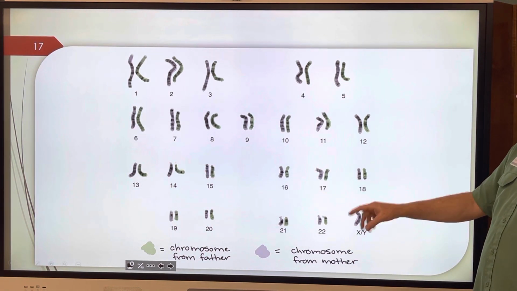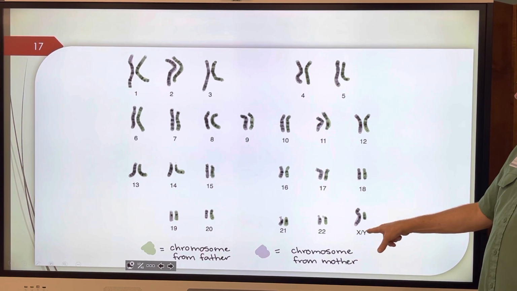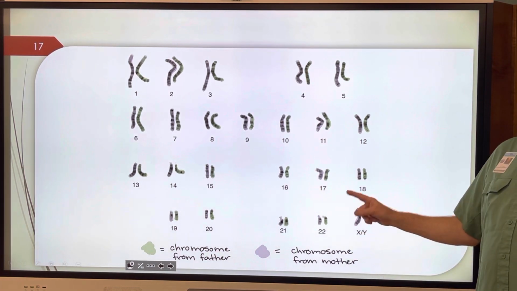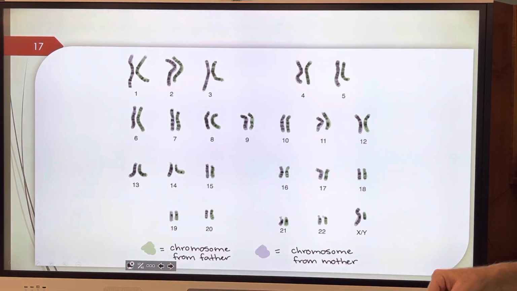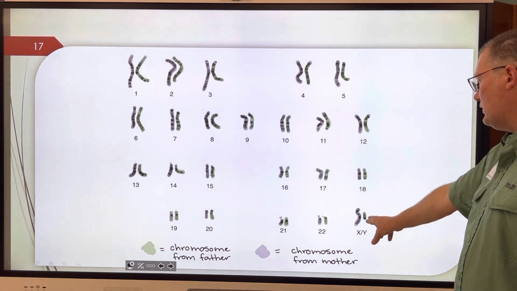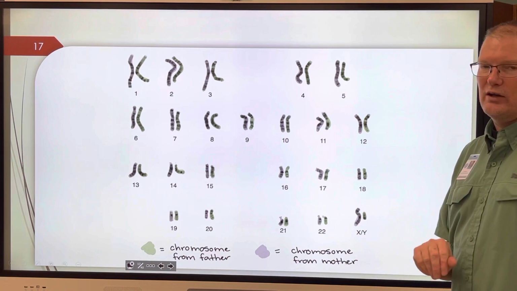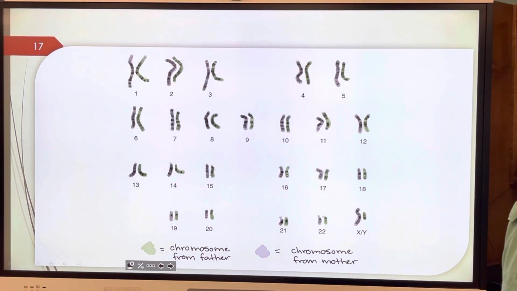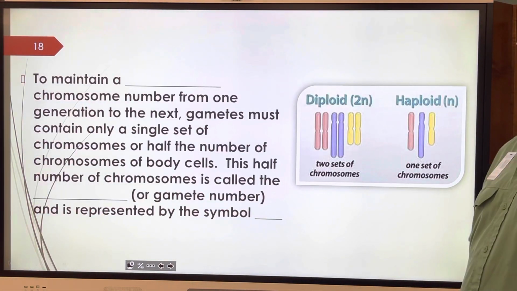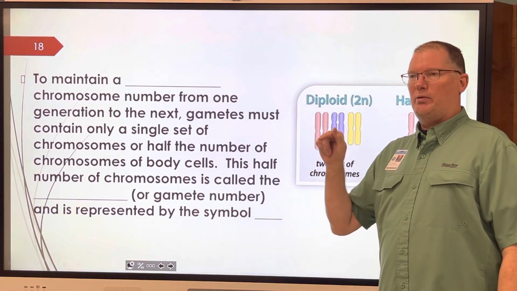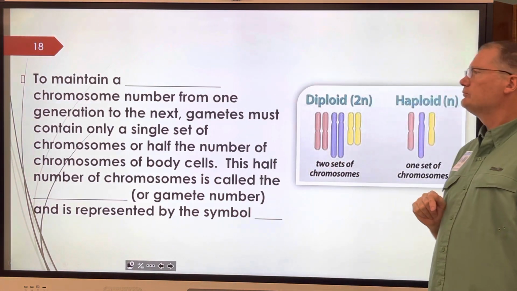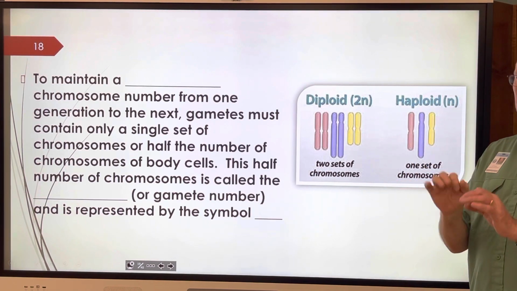And this would be a male because it has X and Y. A female would be X and X. And that's what makes the female different from a male. It's just those two chromosomes right there, whether it's XX or XY. And that's determined by the sperm, believe it or not. The sperm determines whether the baby is going to be male or female because they have X and Y.